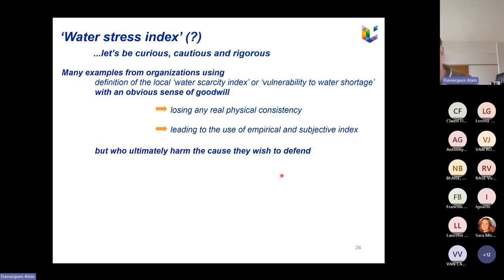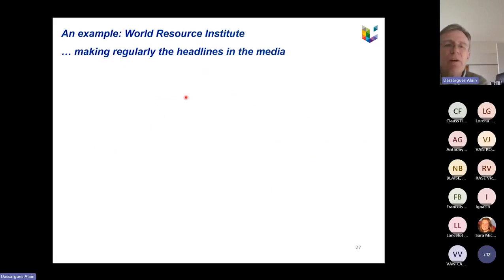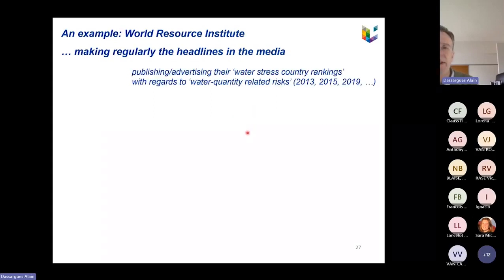And I would like to take just one example because it was published in the media recently. It is the example of the World Resources Institute, a big name, making regularly the headlines in the media. But be careful with those indicators, and I will explain why. They are publishing water stress country rankings with regards to the water quantity related risk. And they have published that for a long time already, 10 years.